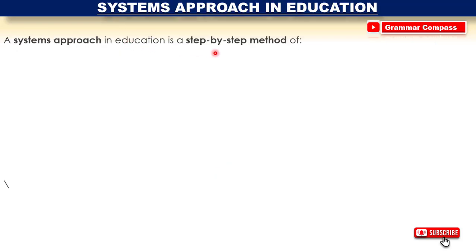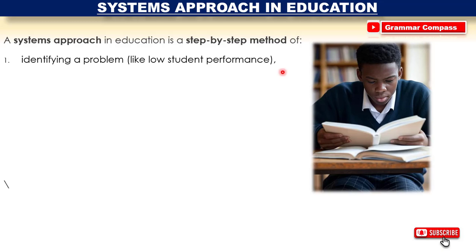It was a step-by-step method of, one, identifying a problem, for example, low student performance. If you see that your students cannot read well, then you are going to apply these steps to solve the problem. So the systems approach was a step-by-step method of solving educational problems.